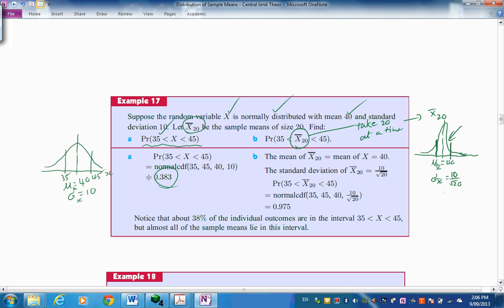So what are we going to do? We'll go and work that out with NCD. The lower will be 35, the upper will be 45. The sigma, and you can put that in here and it'll calculate it in situ for you, and the mu will be 40.